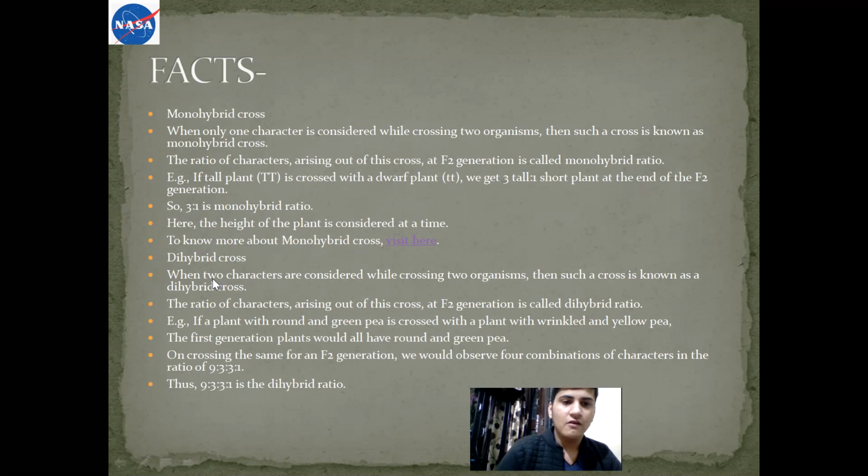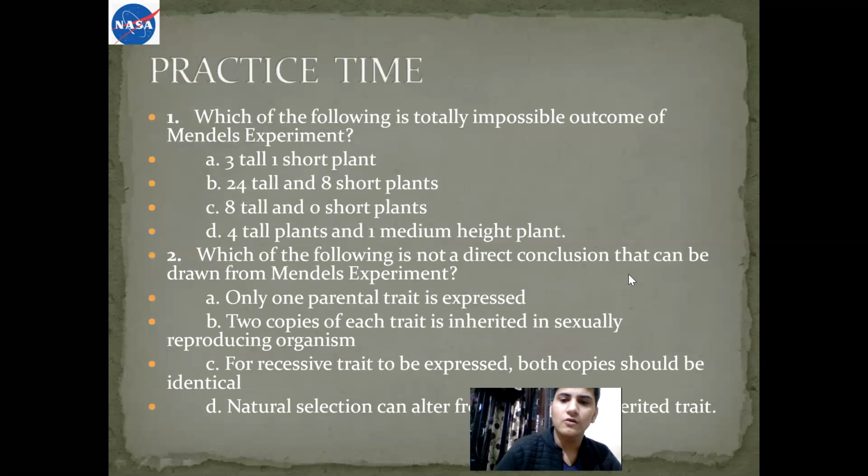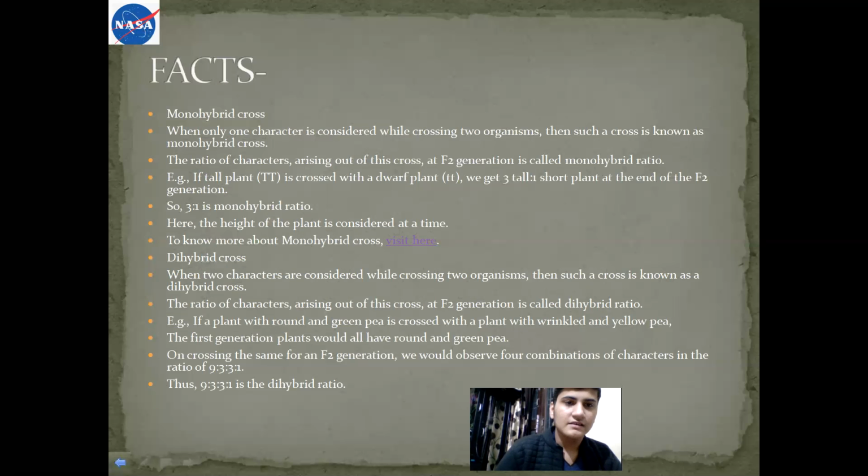Dihybrid cross: when two characters are considered while crossing two organisms, then such a cross is known as a dihybrid cross. The ratio of characters arising out of this cross at the F2 generation is called the dihybrid ratio.